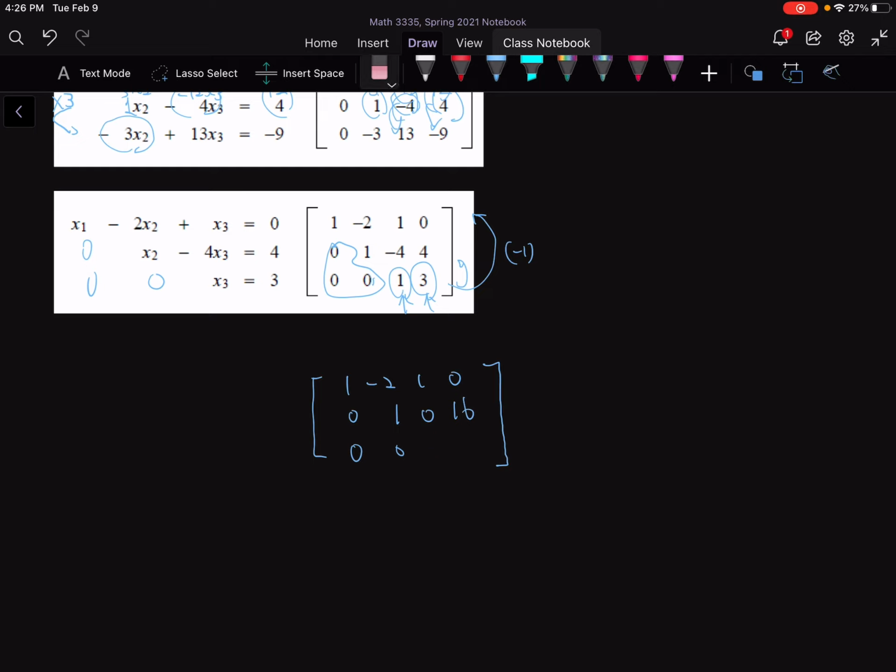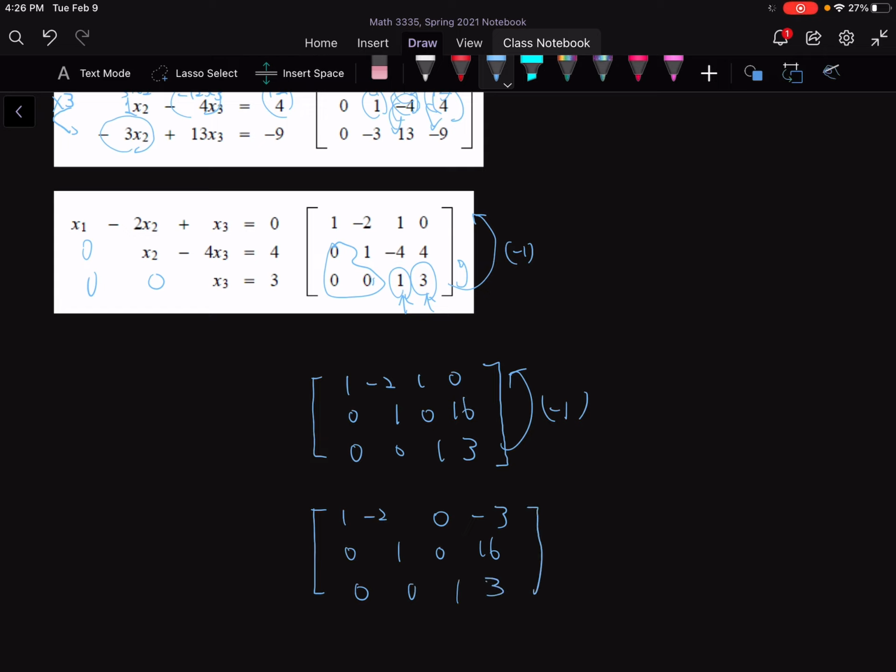So times negative 1 added to it. So all we have here is 1, negative 2, negative 1 times... 0, that's negative 3. 0, 1, 0, 16, 0, 0, 1, 3.